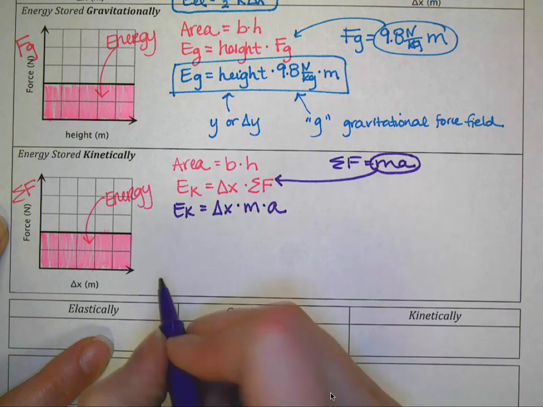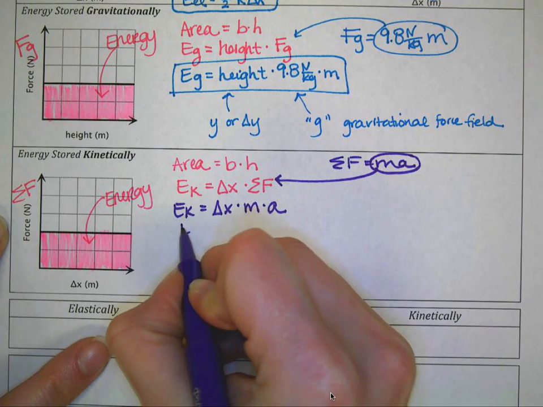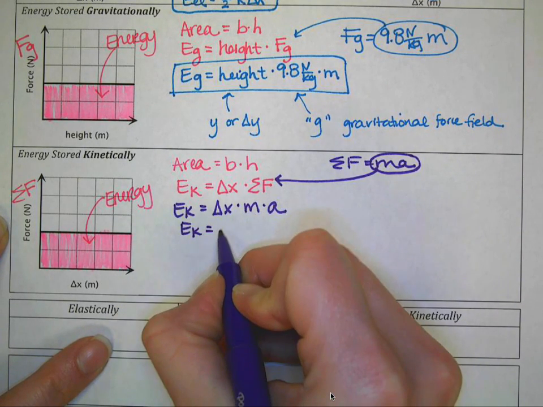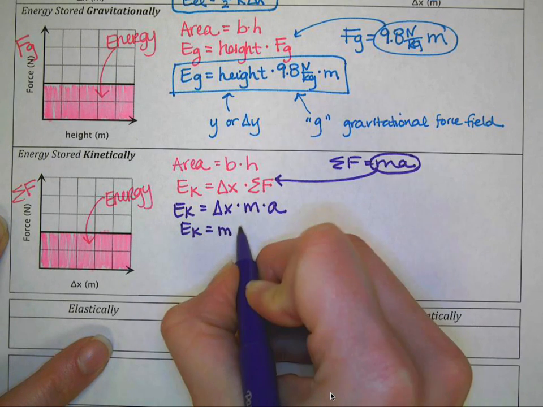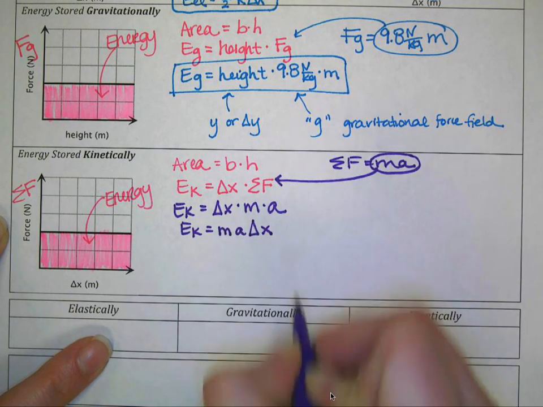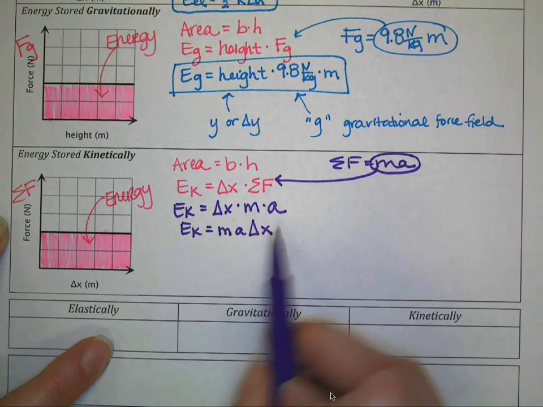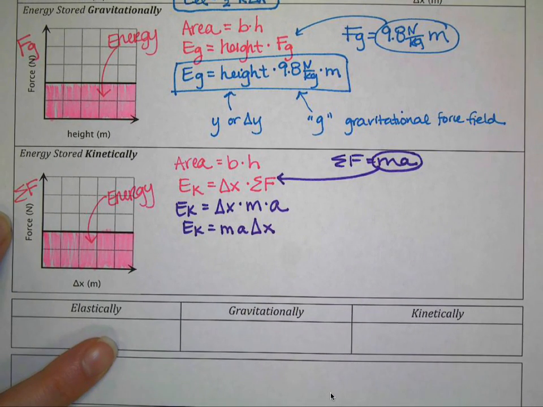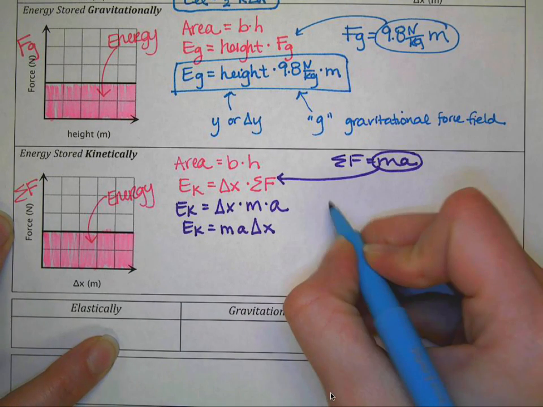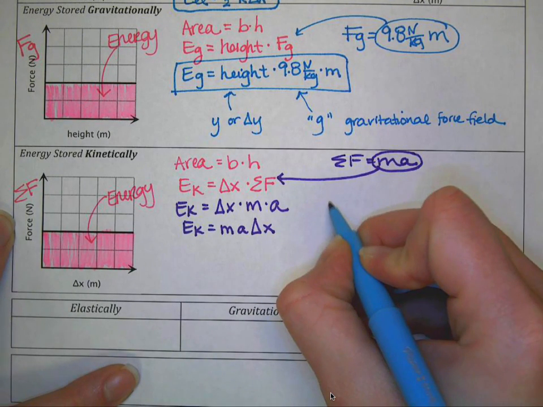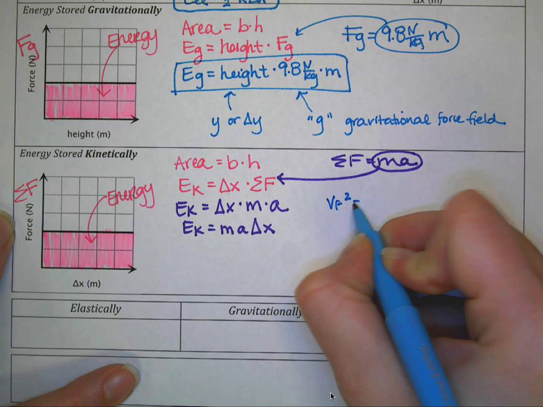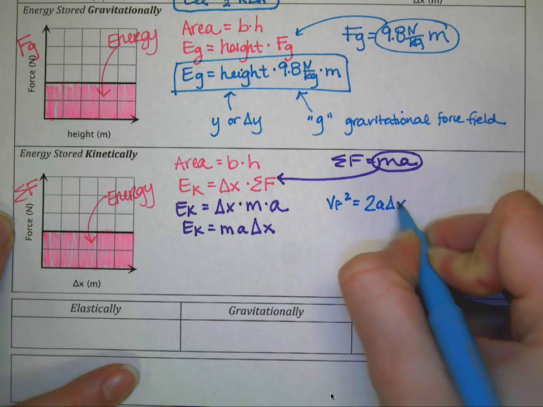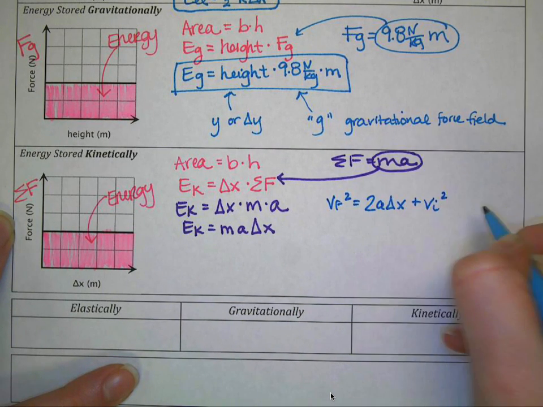I'm going to rearrange that for a very specific reason. So energy stored kinetically is equal to mass times acceleration times displacement. Again, the property of multiplication doesn't matter what order you do it in. And I did that, if you can see. Now, looking at our kinematic equations, Vf squared is equal to 2a delta x plus Vi squared.